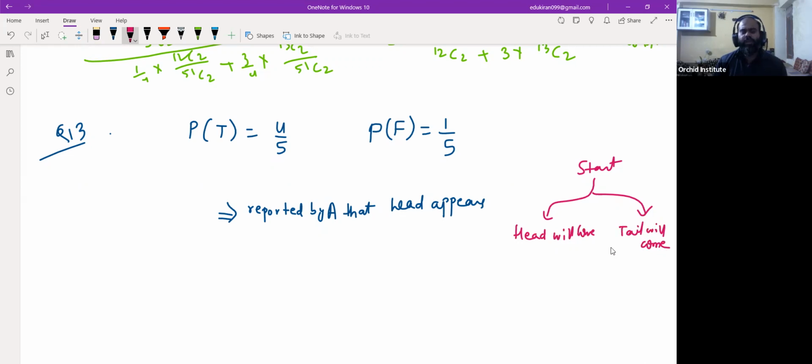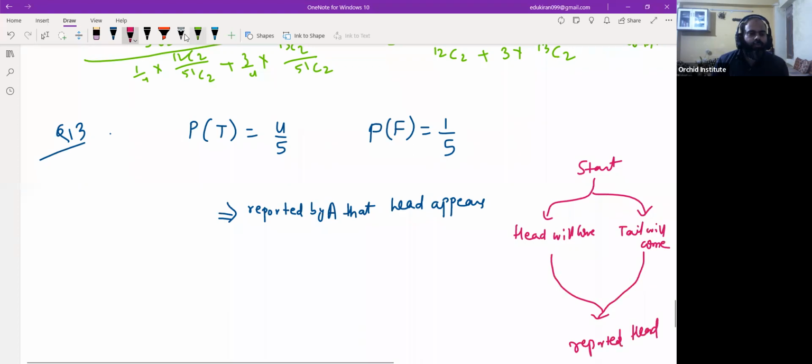Before anything coming, he won't be telling truth or false. Now, it is being said that he reported head. So, what is the probability of head? It is half. What is the probability of tail? It is half. Now, what is the probability of reporting head when head will come? Can you tell me?